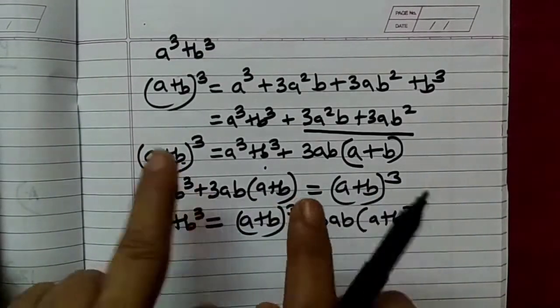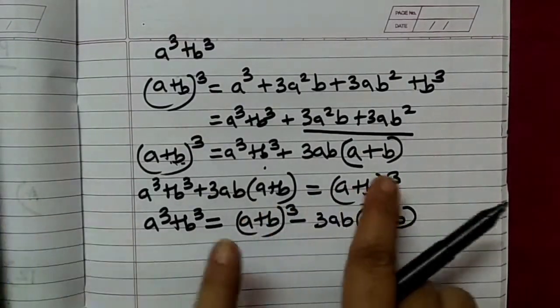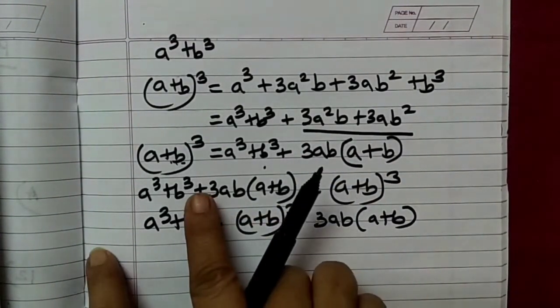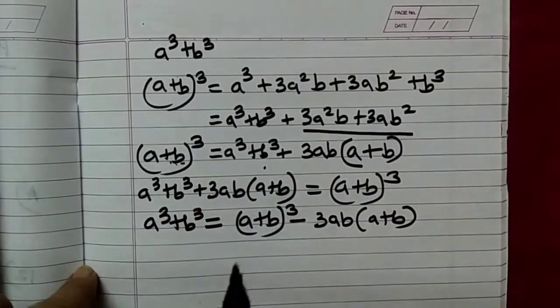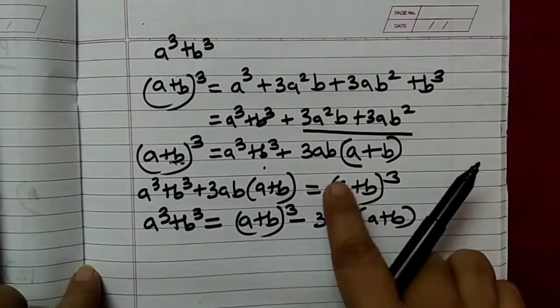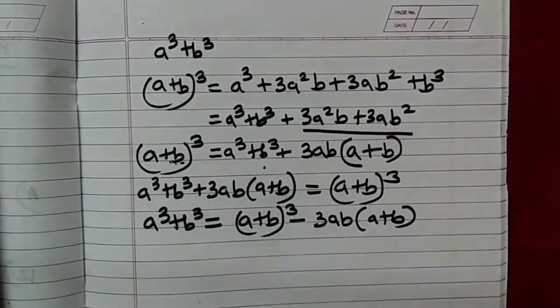But because I'm shifting only a single term, the sign will change. Okay, so whatever is already there, you will keep it as it is, and the term which we have taken from one side to the other will come after the original term. This is the original term, and this term which I shifted will come after this original term.